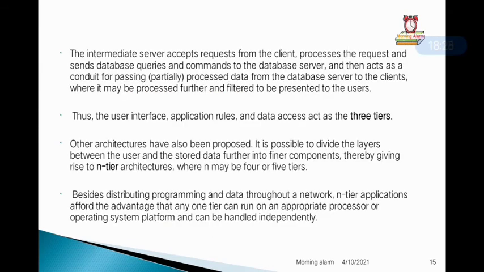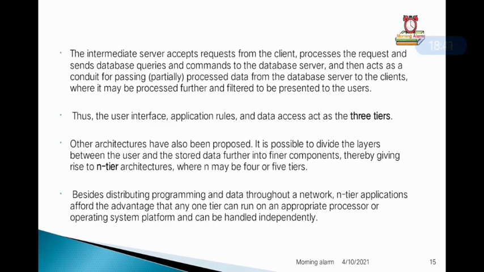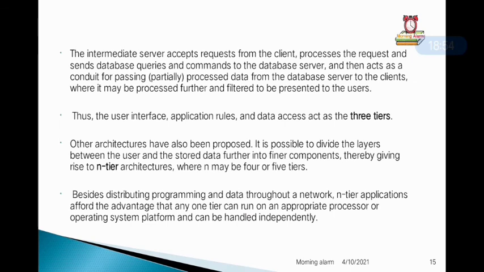The request is processed and, in the form of queries and commands, it is sent to the database server, and then it acts as a conduit for passing processed data from the database server to the clients, where it may be processed further and filtered to be presented to the users.